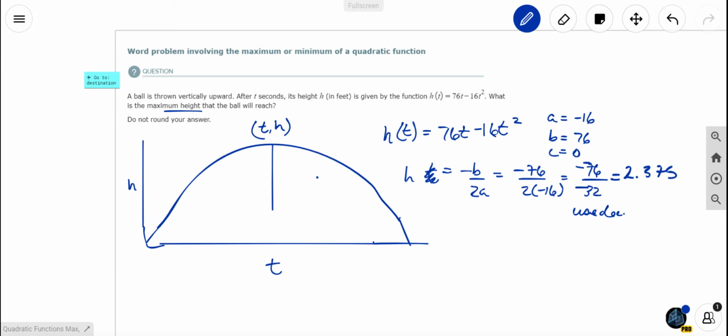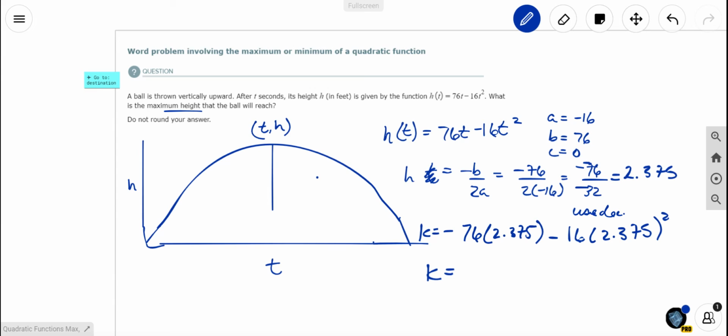So then you have to plug it back in. So you use a calculator, and let's just do k equals negative 76 times 2.375 minus 16 times 2.375 squared. And when you find that, you will get the height.